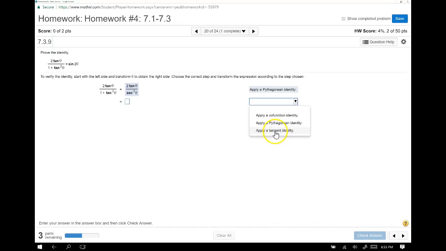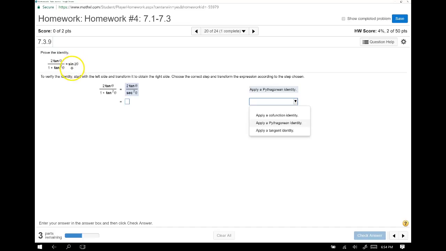I could probably change everything here into sines and cosines. So the tangent identity would change my tangent into sine over cosine. And then most likely on the next step, they're going to have me change my secant using a reciprocal identity. Because remember where we're trying to get here. We're trying to get to sine 2 theta.